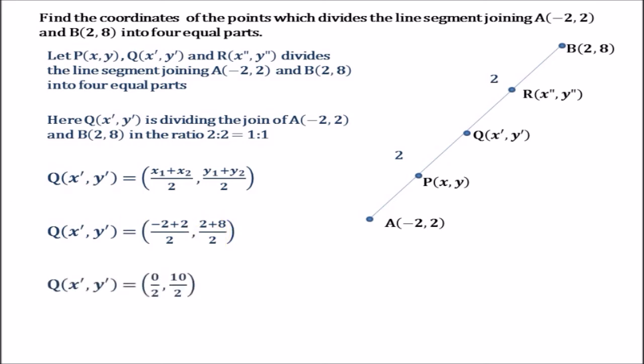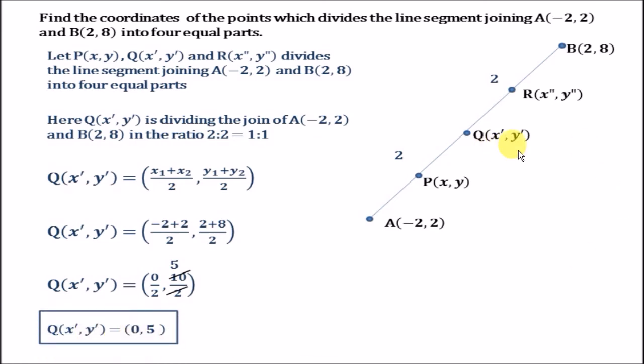Minus 2 plus 2 will be 0. So 0 by 2, comma 2 plus 8 will be 10 divided by 2. 2 fives are 10. Since 0 by any number is 0, so 0 by 2 will be 0. So the coordinates of Q x dash comma y dash is 0, 5.